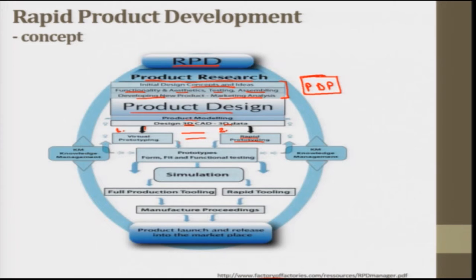Now, virtual prototyping or rapid prototyping or both lead to the prototypes, that is, we get form, fit and functional testing, which I just said we do in laboratory conditions or controlled conditions. Sometimes in realistic conditions also this happens, like Hero Cycles, one of the biggest cycle manufacturing companies in the world.